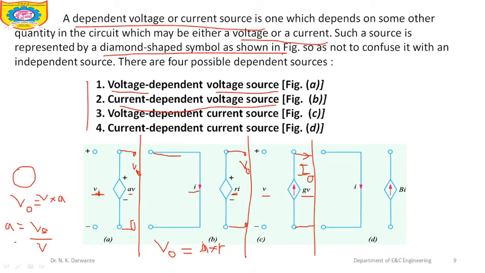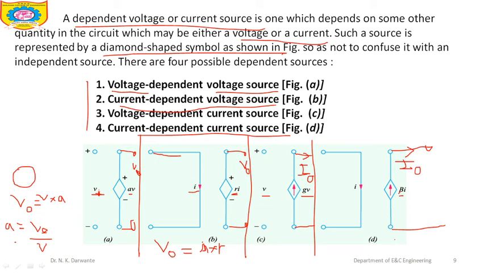Then the last type of dependent source is the current dependent current source, meaning the input will be the current. Here you can see that the input supply is the current, and if the output current changes with respect to the input current, then that type of source is called a current dependent current source. And here this is the beta, which is nothing but the current gain.